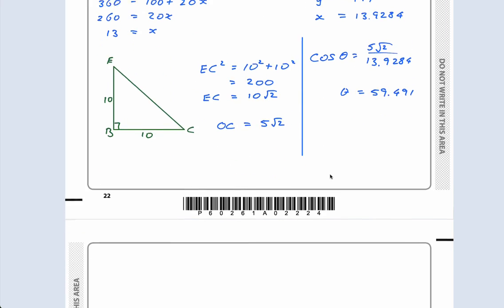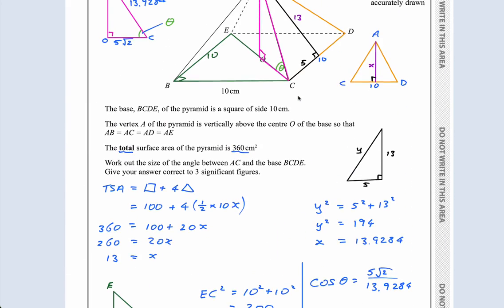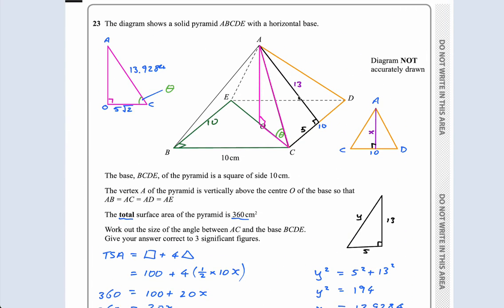So this is down here, 59.5. So obviously, guys, that was not an easy question. There were lots of different things that they needed you to figure out. But hopefully it made some bit of sense.